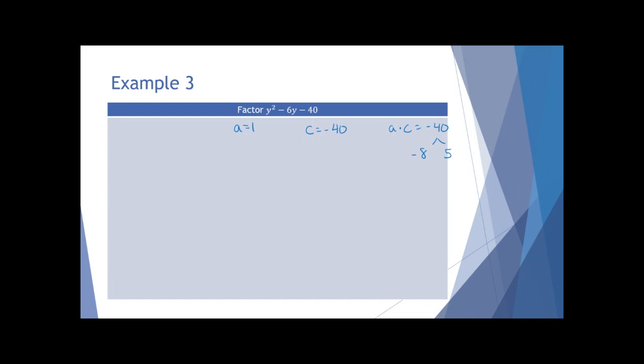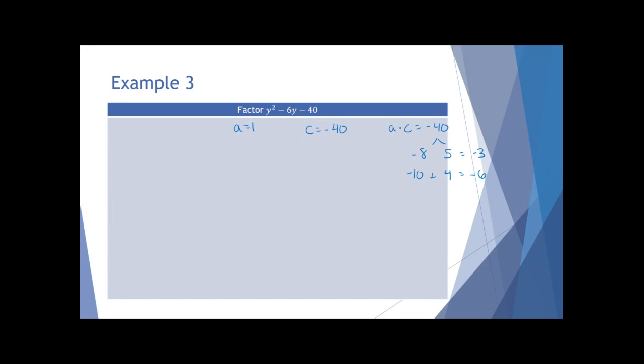So negative 8 plus 5 is negative 3. That's not it. But we do have, say, a negative 10 and a 4. Negative 10 plus 4 gives us negative 6. So normally those would be the numbers that you would use, and you would say it's y minus 10, y plus 4.